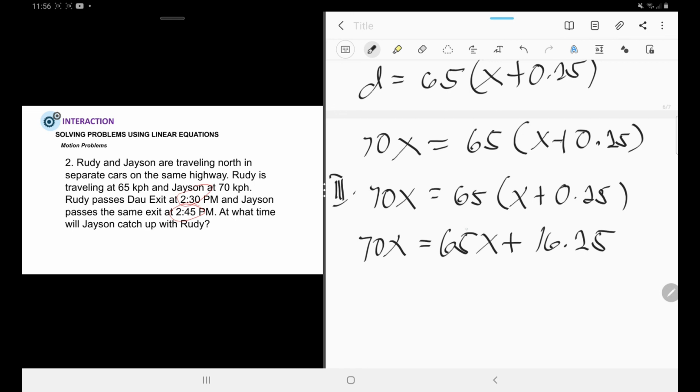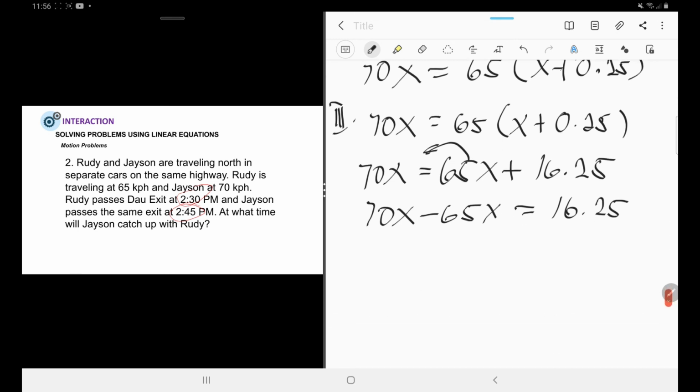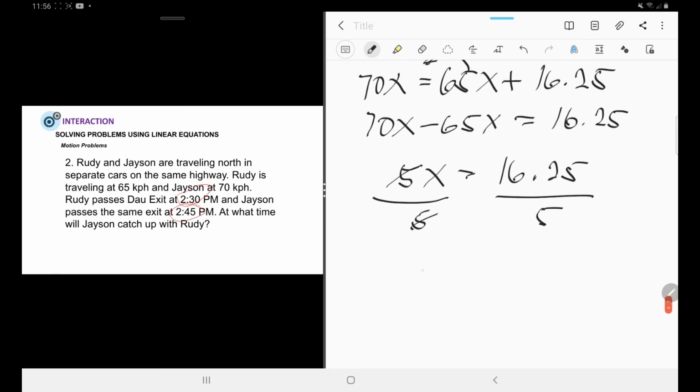Then we move 65x to the other side, so we have 70x minus 65x is equal to 16.25, where 70x minus 65x is 5x equals 16.25. And divide the equation by 5. So 5x divided by 5 is x, which is equal to 3.25.